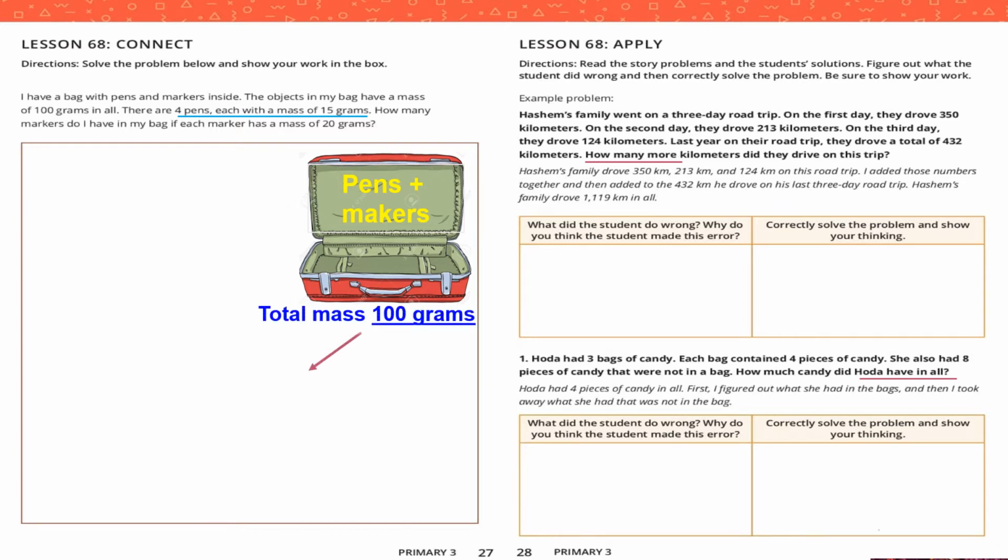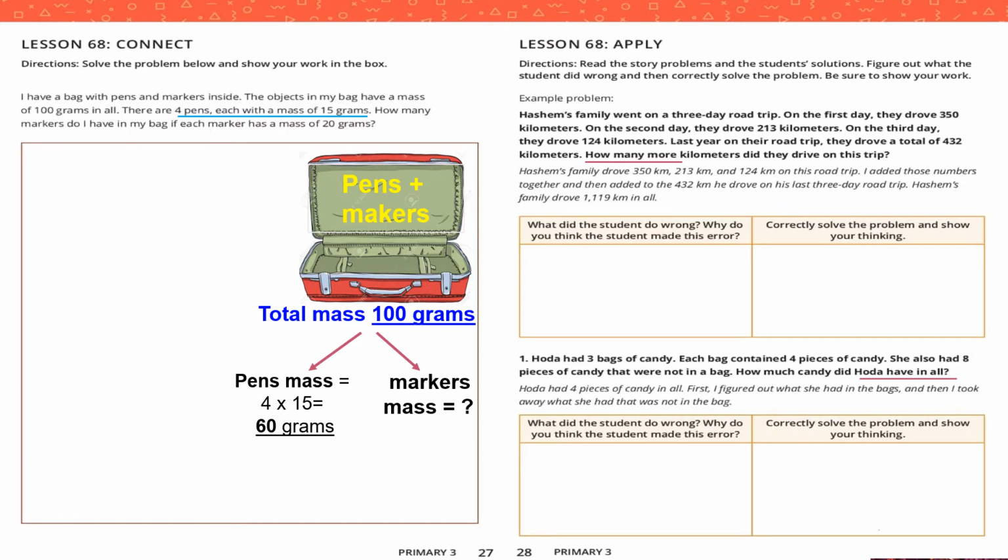This total mass has pens here and markers here. The pens' mass: we have 4 pens. Each pen has a mass of 15 grams. So 4 pens times 15 grams equals 60 grams.